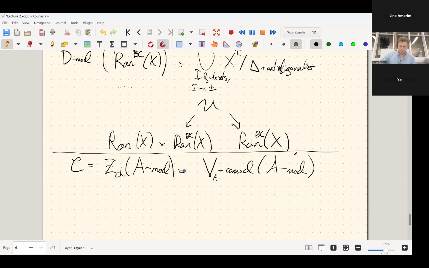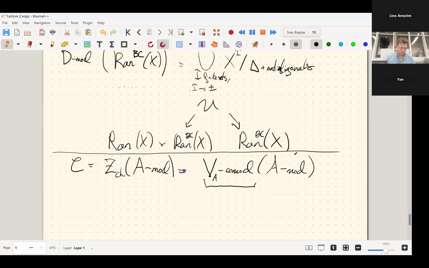And extremely intuitively, the negative half of the algebra comes from some appropriate vertex coaction coming from the action.